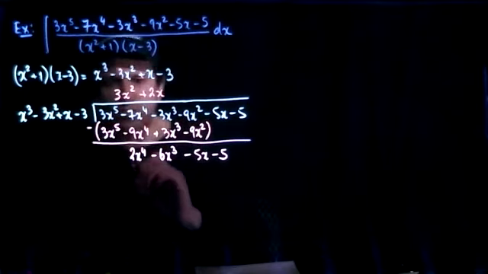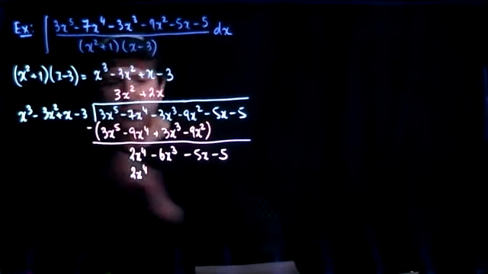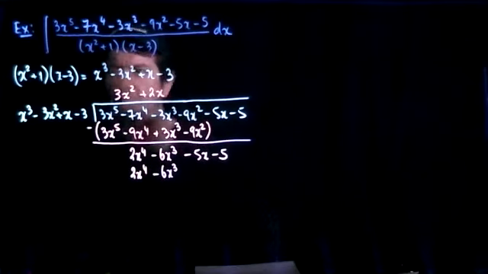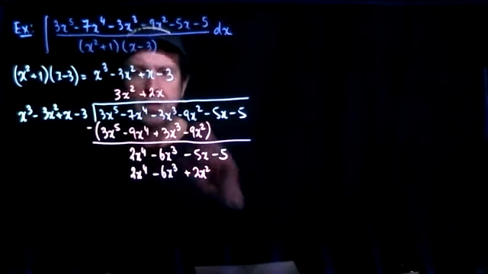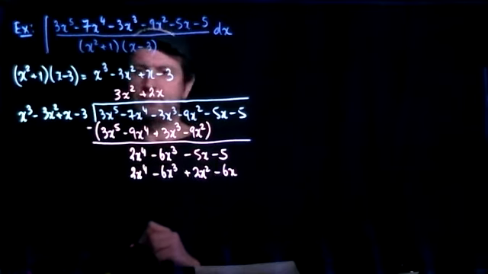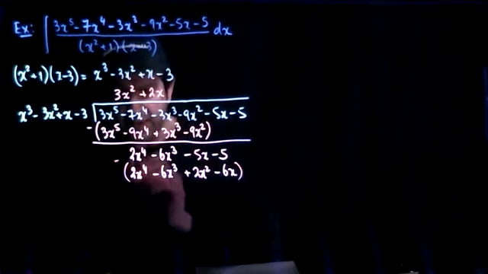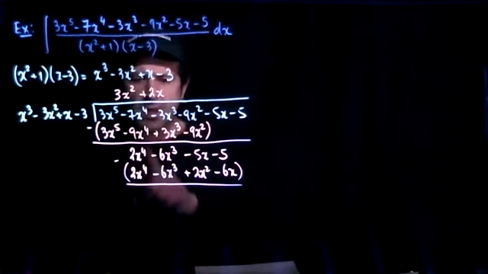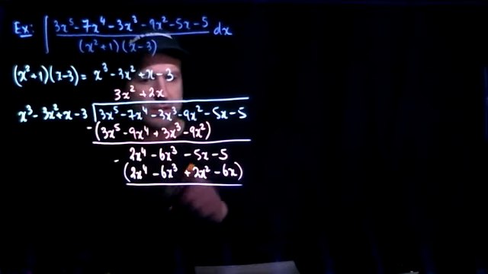2x times x^3 is 2x^4. Then 2x times negative 3x^2 is negative 6x^3. And 2x times x is 2x^2. And then 2x times -3 is -6x. Again, all this in brackets, we subtract everything. And 2x^4 disappears, the 6x^3 disappears, and what's left?